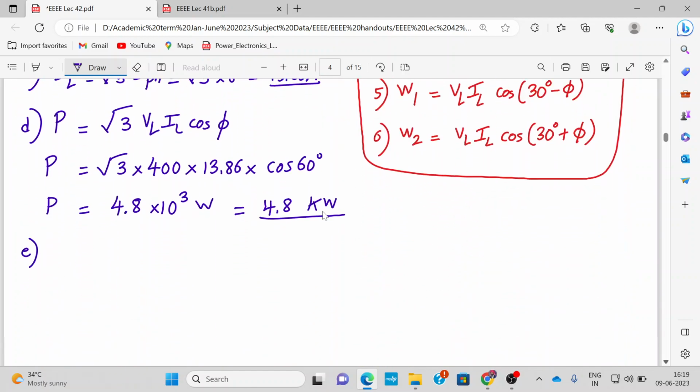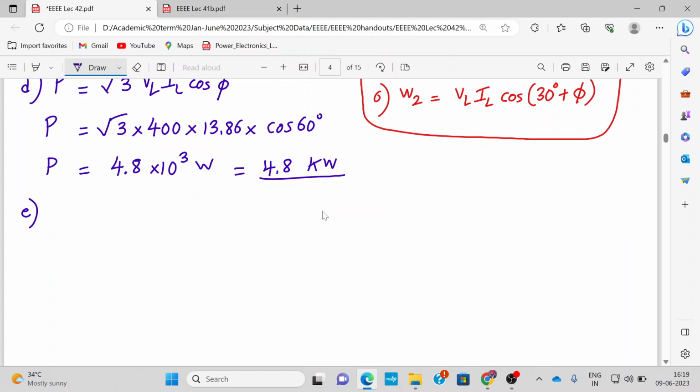So we know the formula for W1 and W2, considering W1 is greater than W2, so we can say the reading of two wattmeters will be given by.